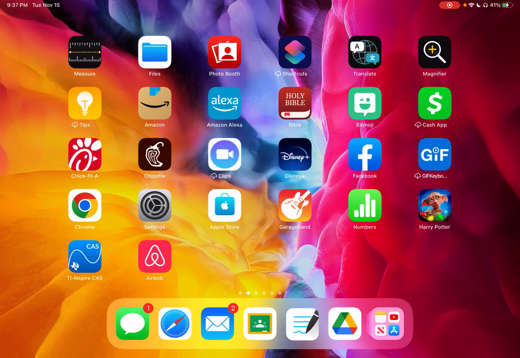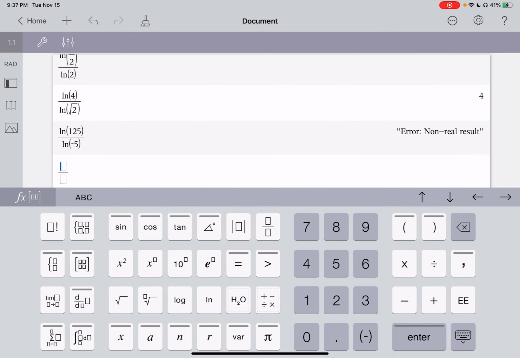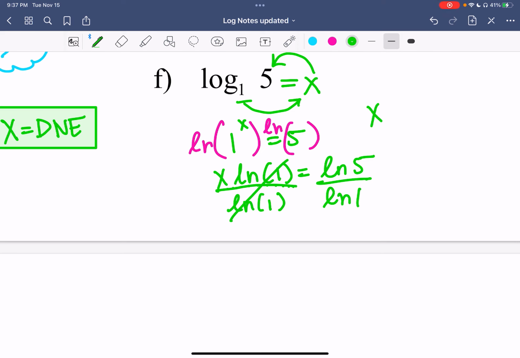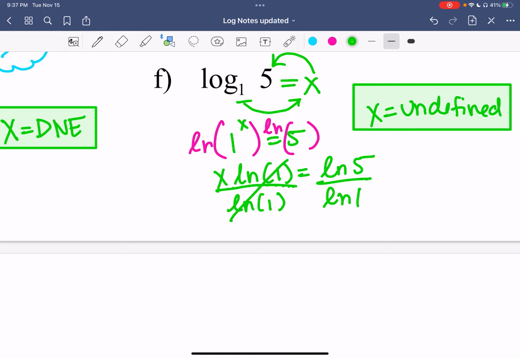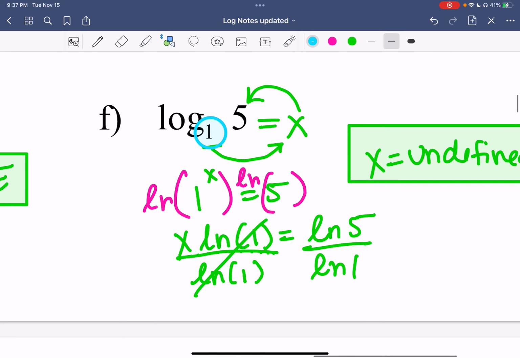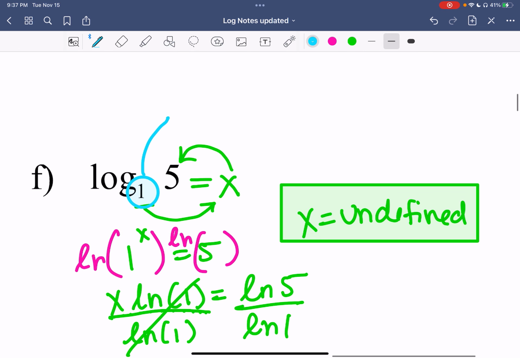Natural log of 5 divided by the natural log of 1. And that's undefined. And let me explain why it's undefined. So again, it has to do with the base. Your base can also not equal 1.